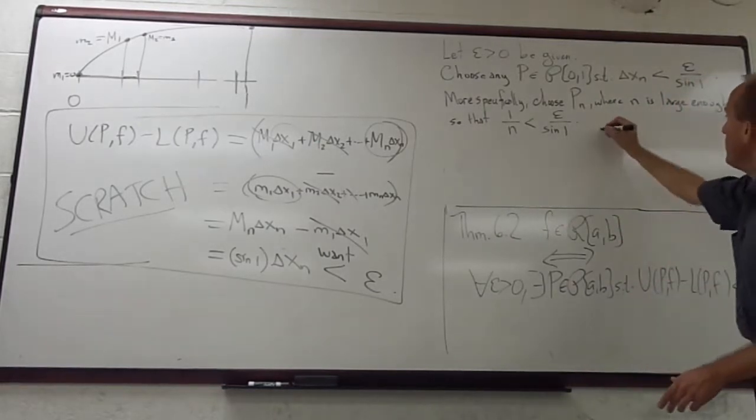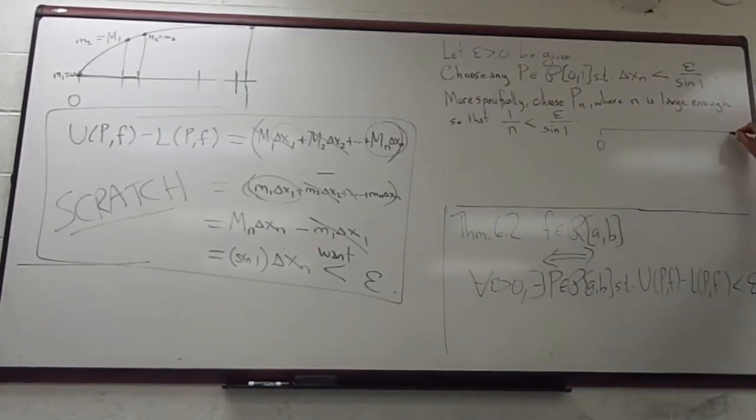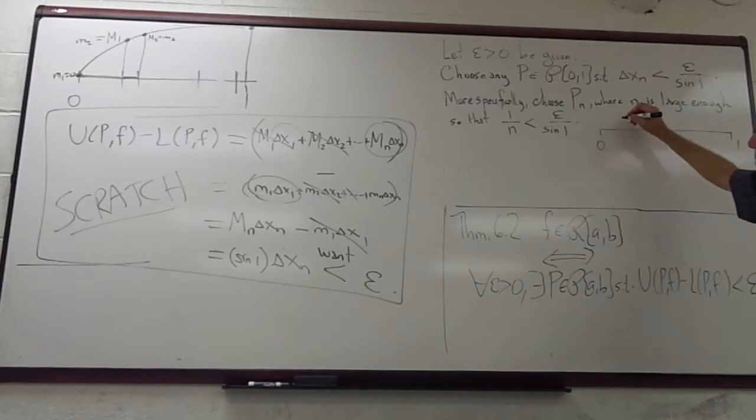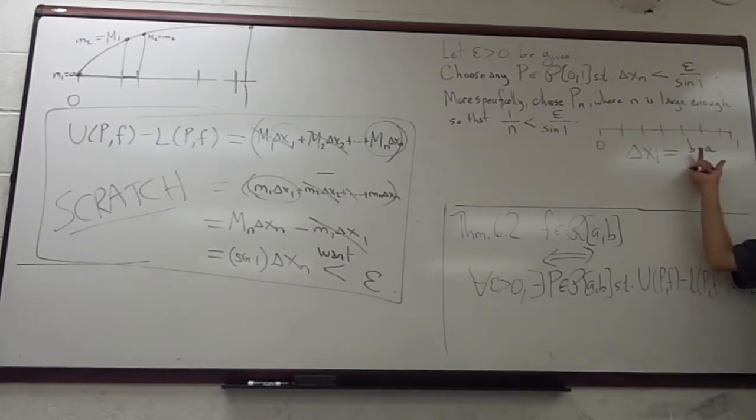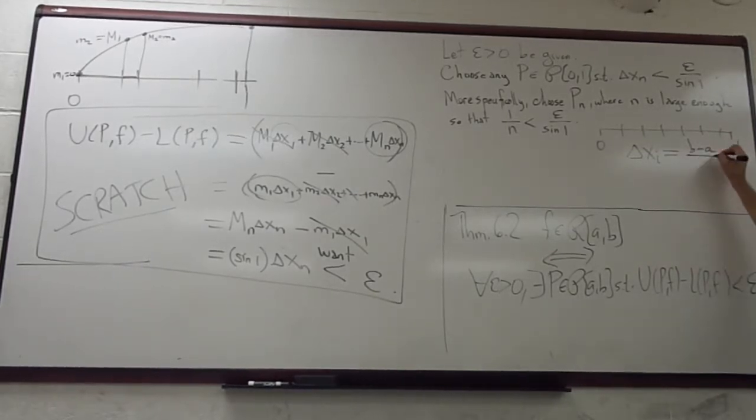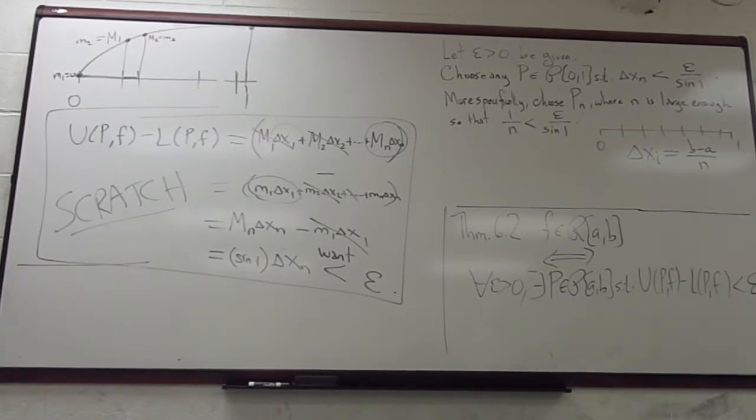So remember what P sub n is, for those of you who haven't had a chance to look at the video yet. It's basically just chopping this interval up into n equal pieces, and the delta xi's are therefore all the same width: you take the full interval b minus a and divide it into n equal pieces.